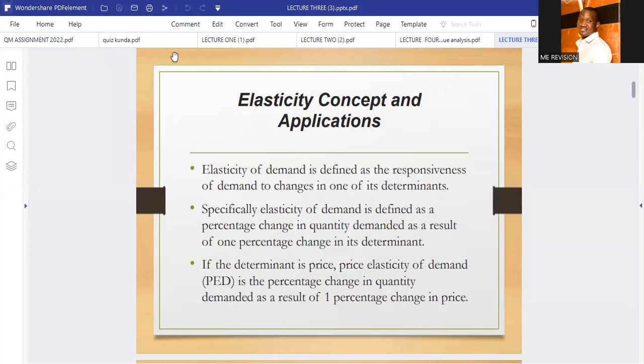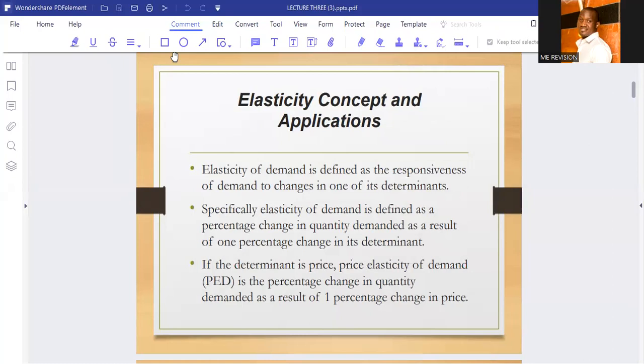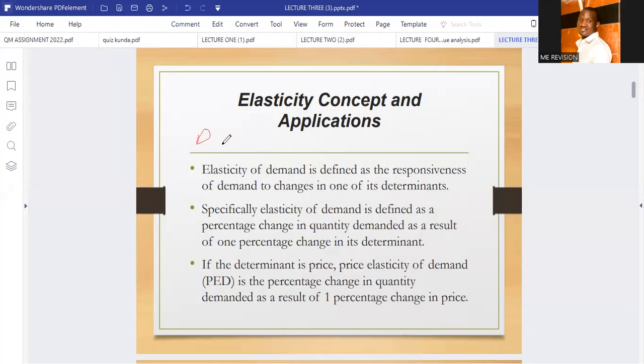This is called our demand function, where we are given the demand, which is the dependent variable, and the factors that affect demand are called the independent variables.